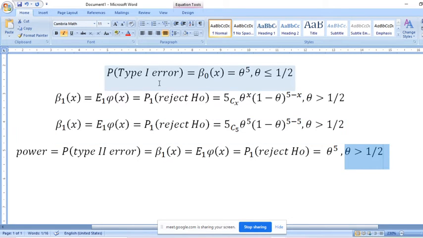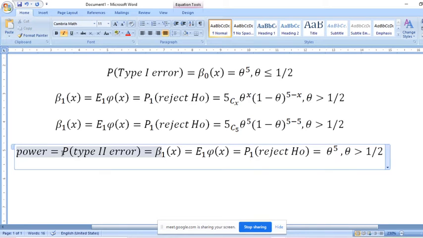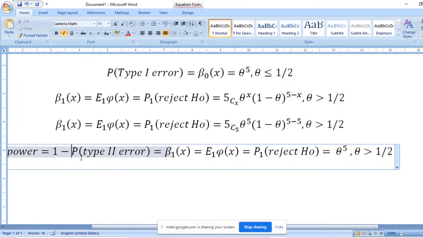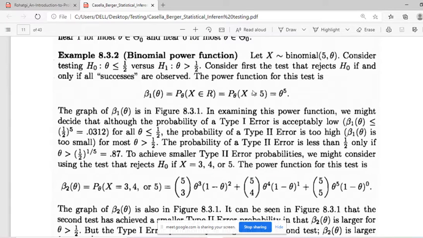Maximize power and minimize type 1 error. By maximizing power, we are simultaneously minimizing the probability of type 2 error. This is nothing but theta raised to 5. This is the power function.